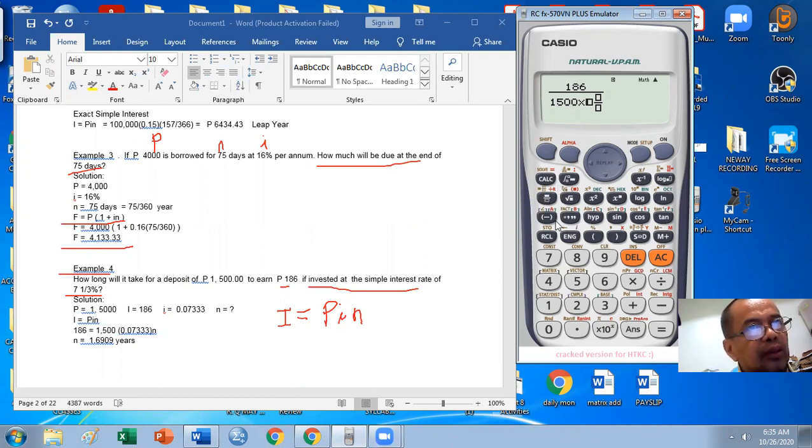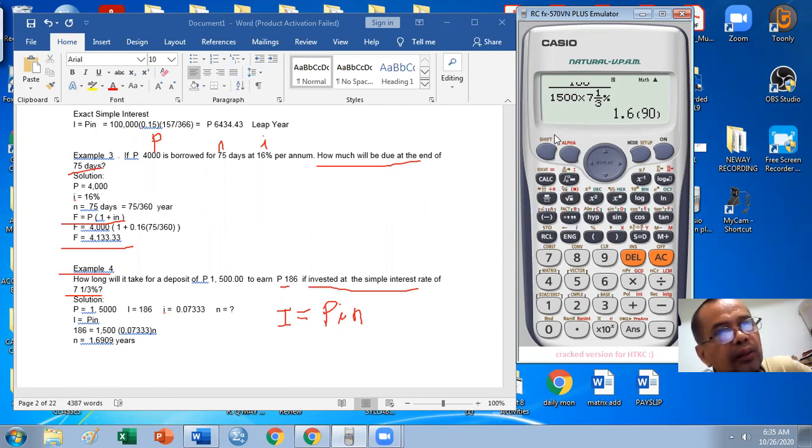In fraction, this will be 7 and 1/3. Then find the percent. There. To get the exact value, which is 1.69. Actually, it is repeating, 1.6909. So, this is the answer. Okay?